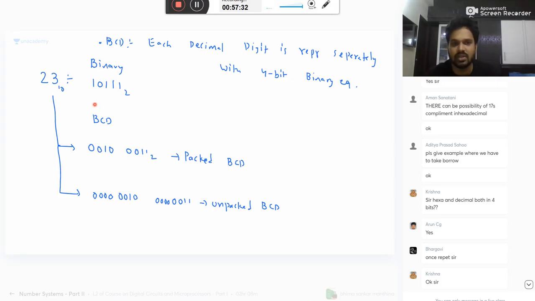In BCD we write 2 separately, 3 separately. You may take 4 bits to represent 2 or 8 bits to represent 2. Similarly 3 also. If you represent 1 digit with 8 bits, it is called unpacked BCD. If you represent it with 4 bits, then it is called packed BCD. Is it clear everybody? Advantage I will come to that.